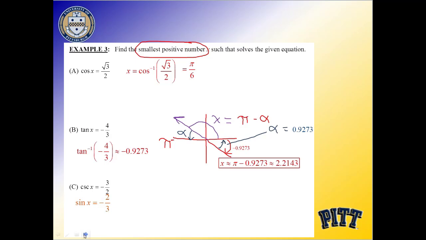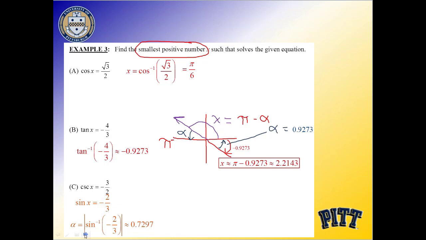And when I do, I'm going to realize that if I do arcsine of this, I may not get the reference angle, but an angle closely related to it. So I'm going to take that absolute value just to be sure, and I want to get the reference angle first. And that reference angle is approximately 0.7297.